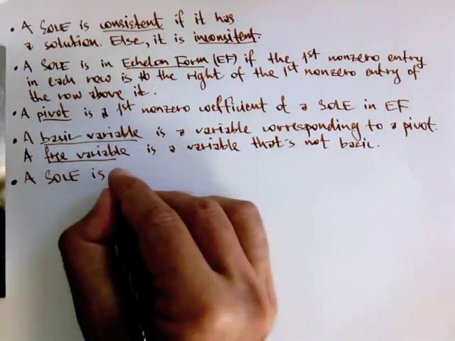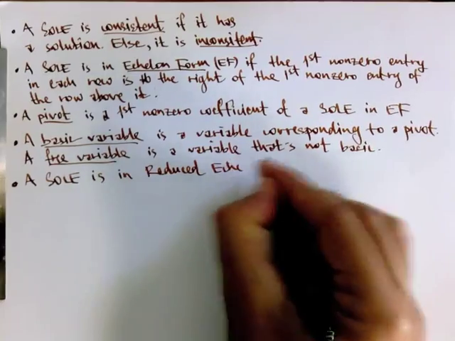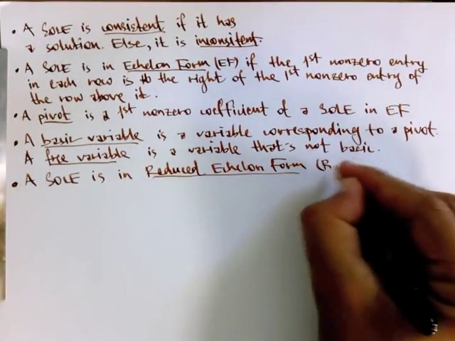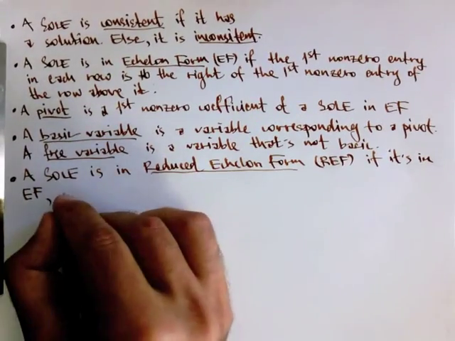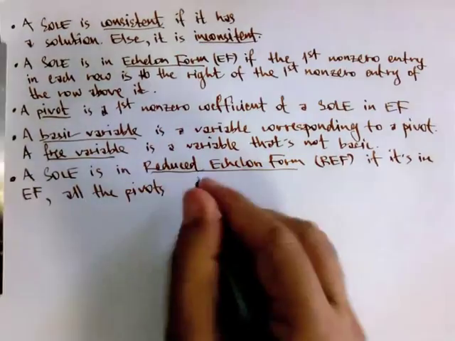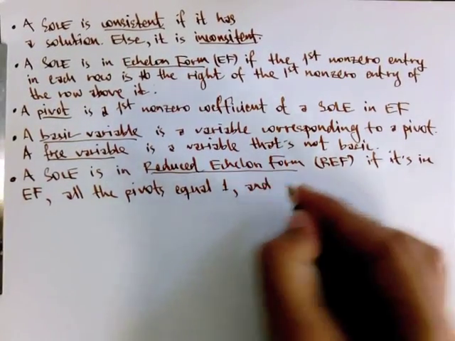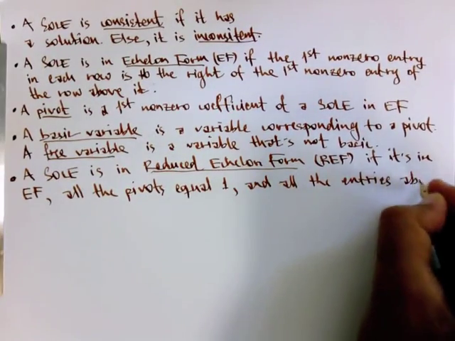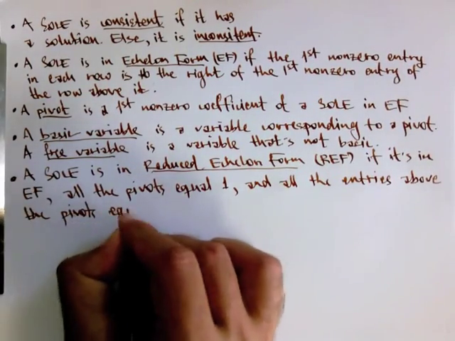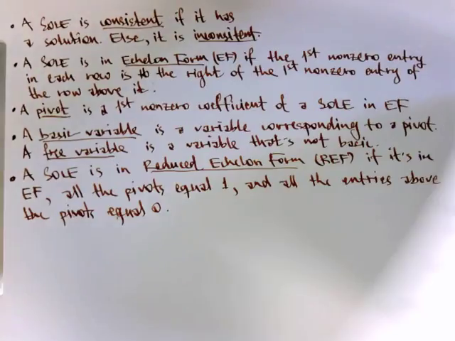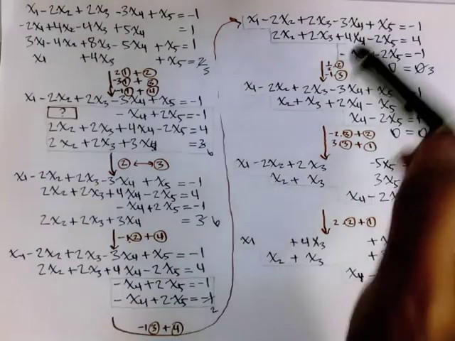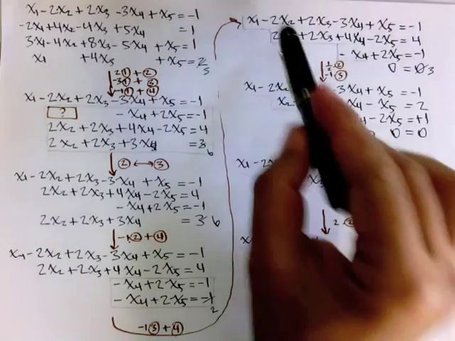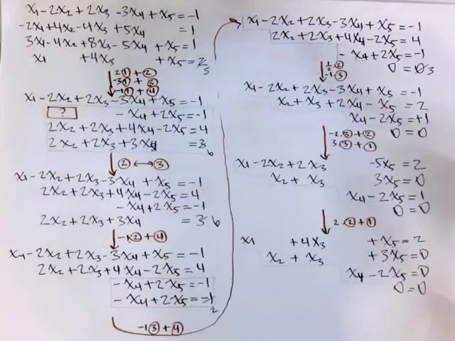Finally, a system of linear equations is in reduced echelon form if the following three conditions hold. It is in echelon form, all the pivots equal 1, and all the entries above as well as below the pivots equal 0. Let's look at the echelon forms in our example. The top right system is in echelon form, but not in reduced echelon form because not all the pivots equal 1.